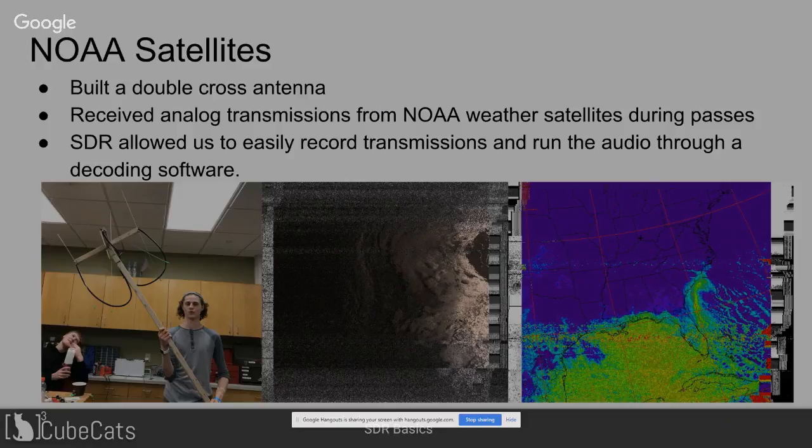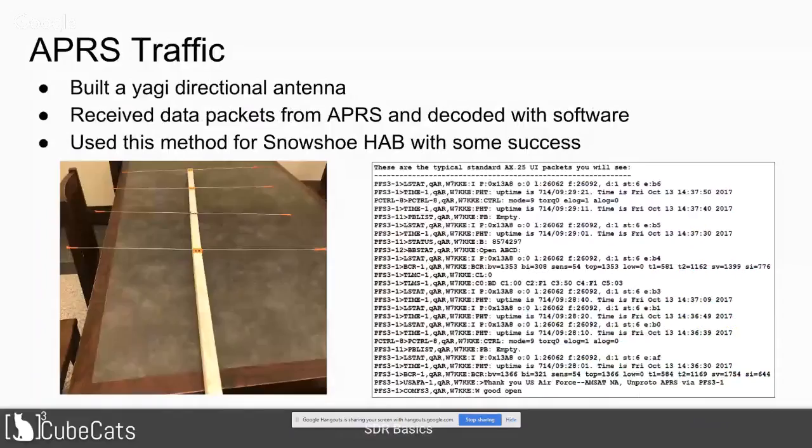The next project that I worked on was APRS traffic, and you can see the Yagi directional antenna we built on the bottom left. We received data packets from APRS and decoded them with software. I'll get into a little bit of how you can set up decoding. The image on the right is the packets that we decoded, and you can see call signs and dates and stuff like that.